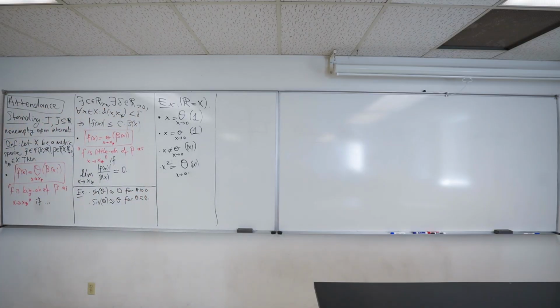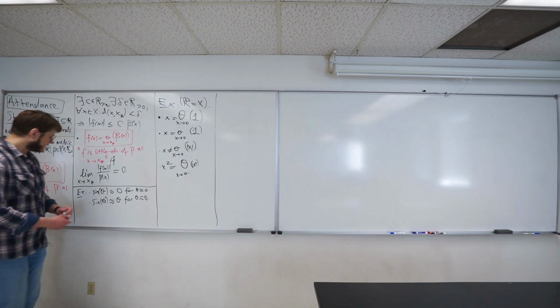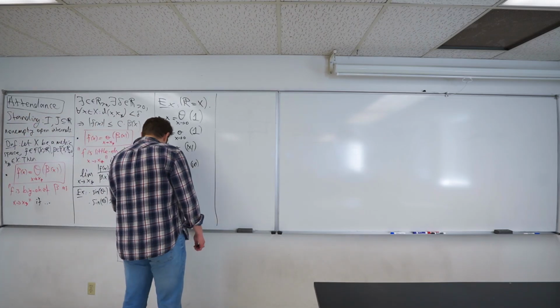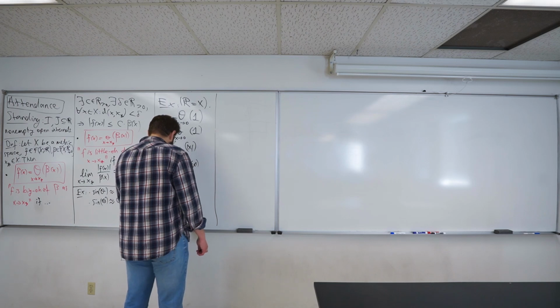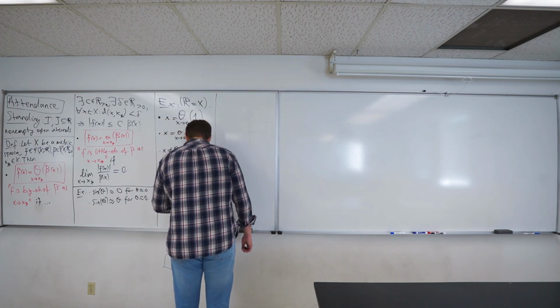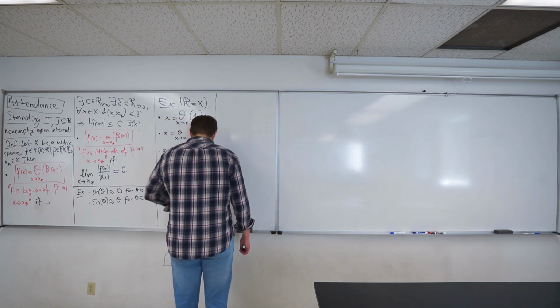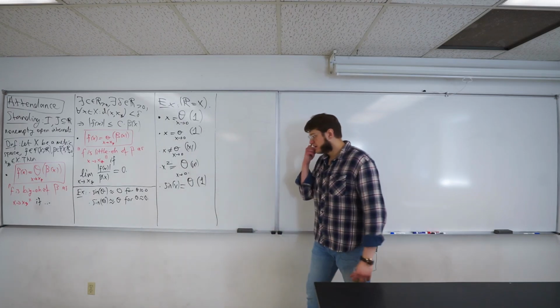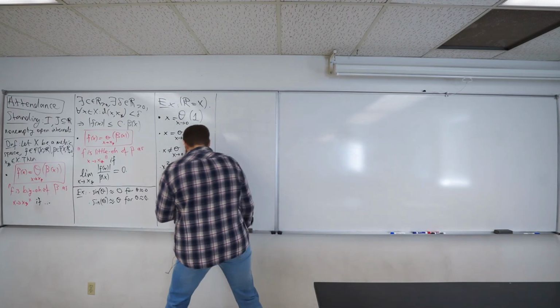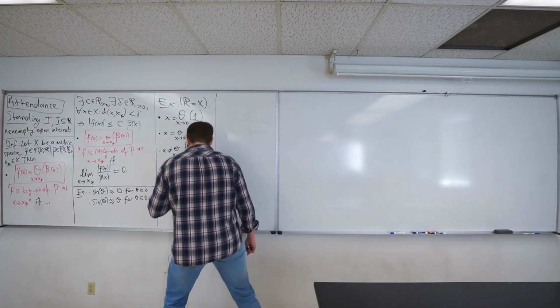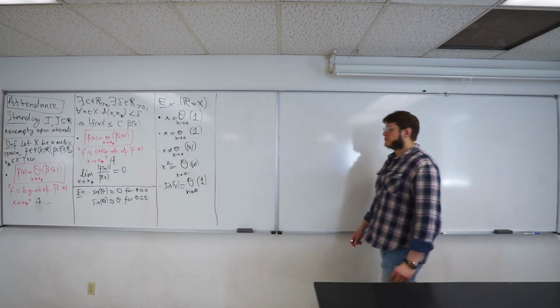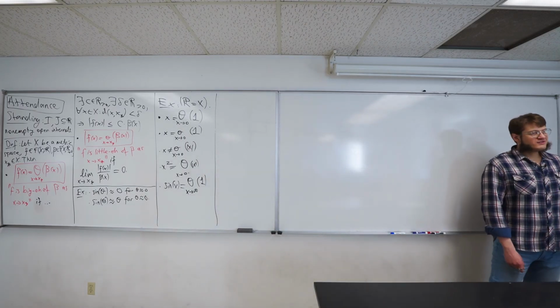And so it reiterates, for instance, what I can say again is that sine of x is big O of 1 as x goes to infinity. Why? Because it's a bounded function.